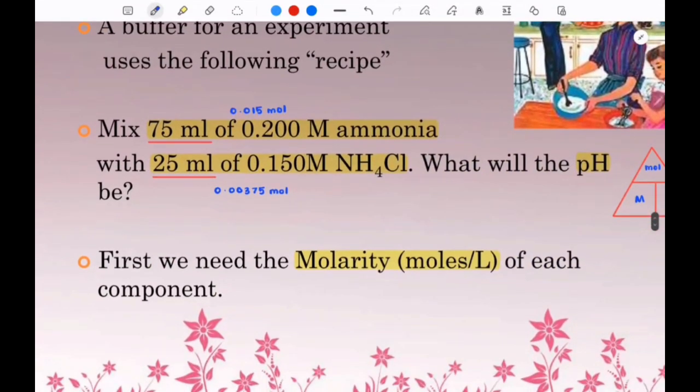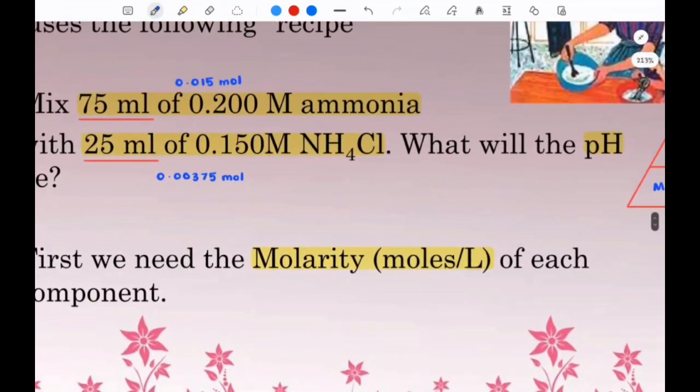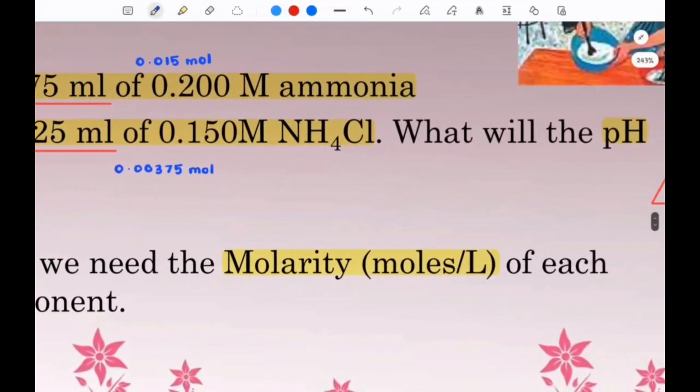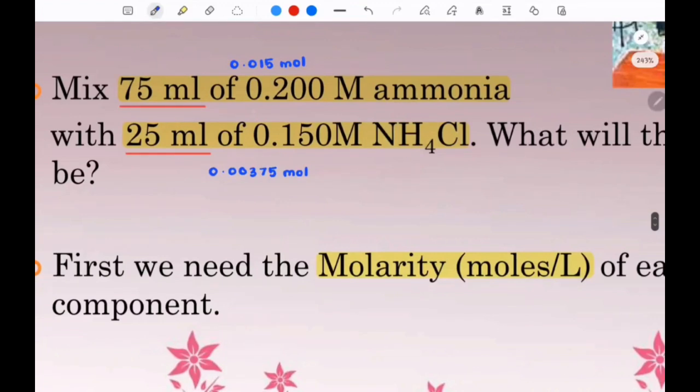The next thing we need to do is find the molarity. How to find the molarity? Just divide the mole that we calculated just now by the volume. The volume needs to be the total volume and not just the volume for each component. To find the total volume for this question, just add the 75 ml with 25.